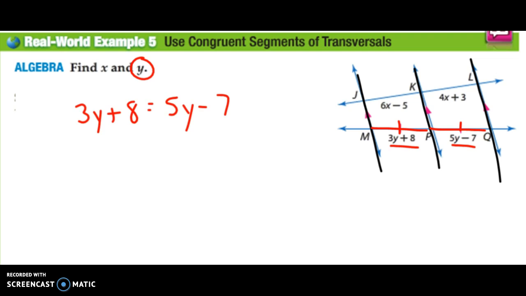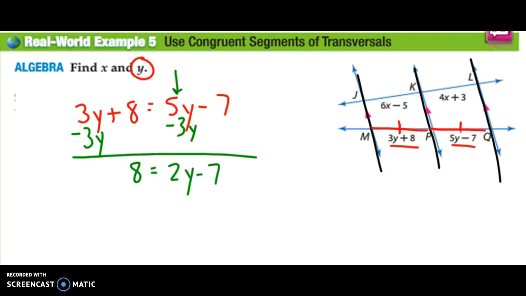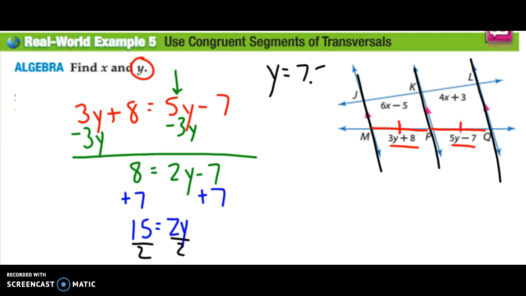There's more y's right here, so I subtract 3y from both sides, and I get 8 is equal to 2y minus 7. Since all the letters are on the right, I'm going to move all the numbers to the left, add 7 to both sides, and I find that 15 is equal to 2y. Divide by 2, divide by 2, y is going to equal 7.5.